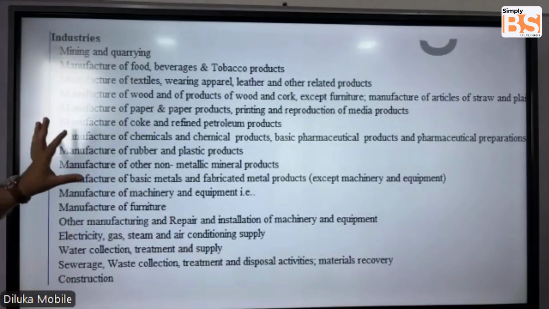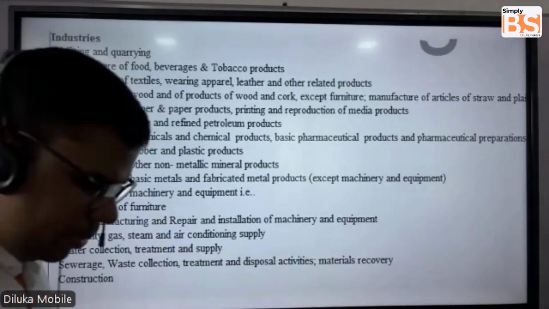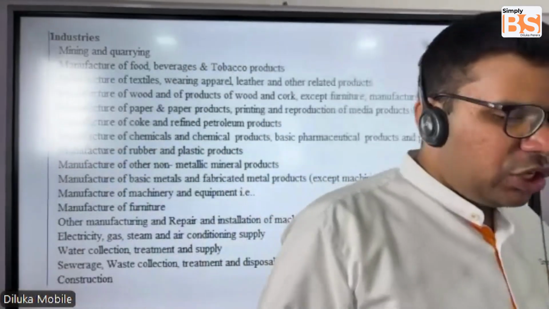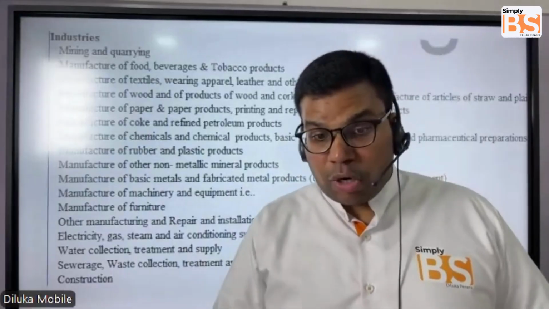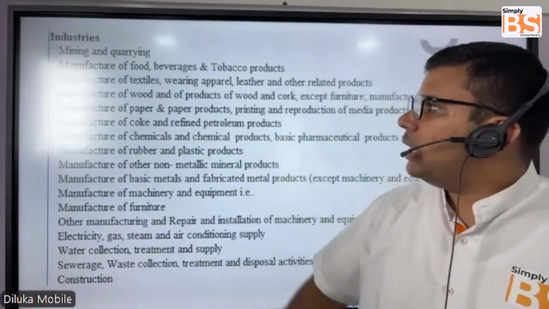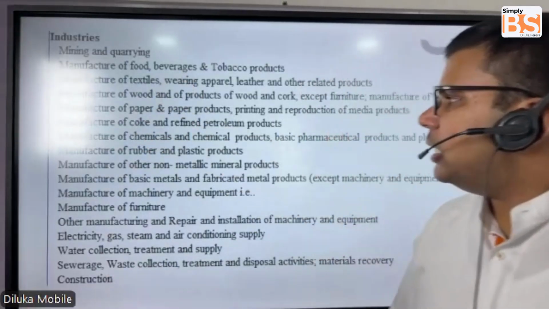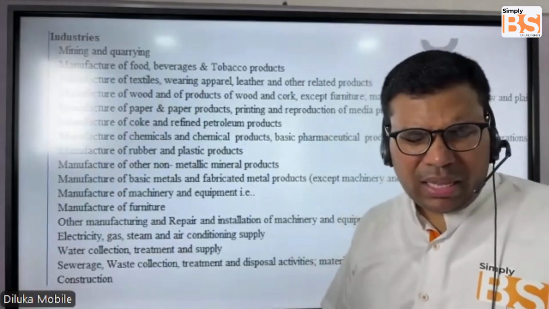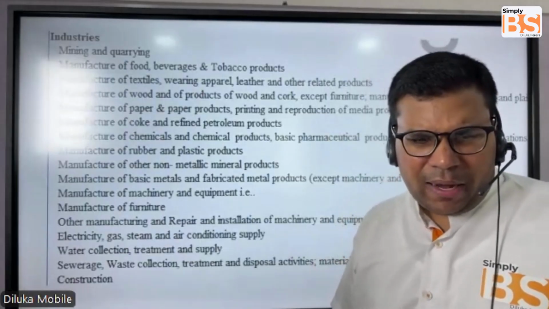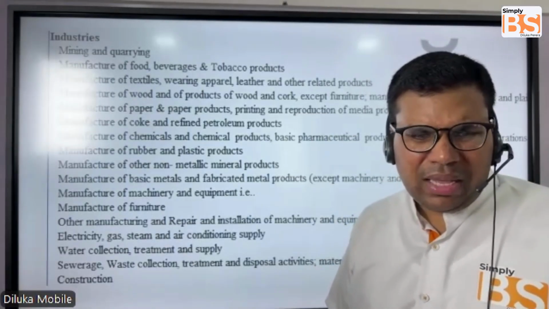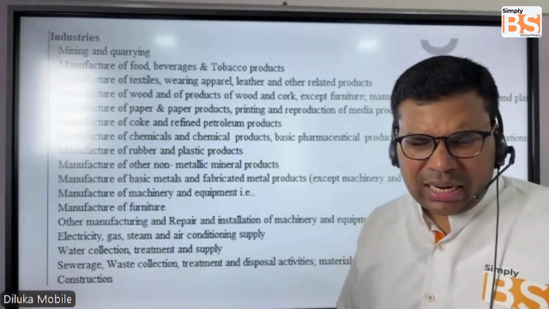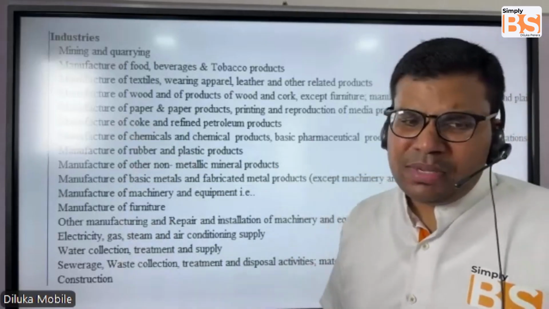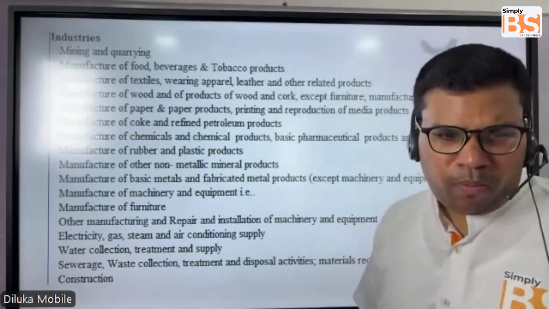Very specifically, we are taking businesses who are into manufacturing and construction, those who are processing or manufacturing something. So Amanda's business will not go under industries also.